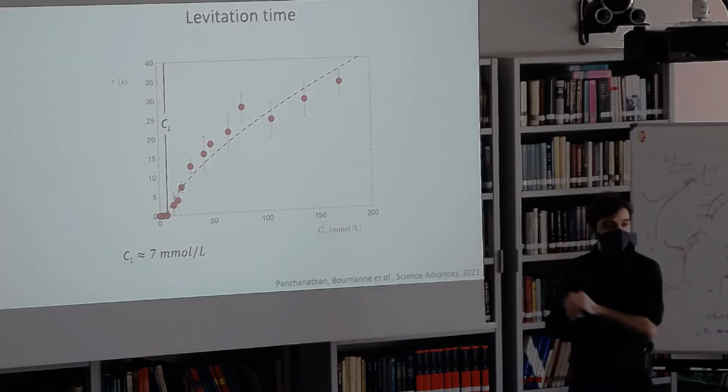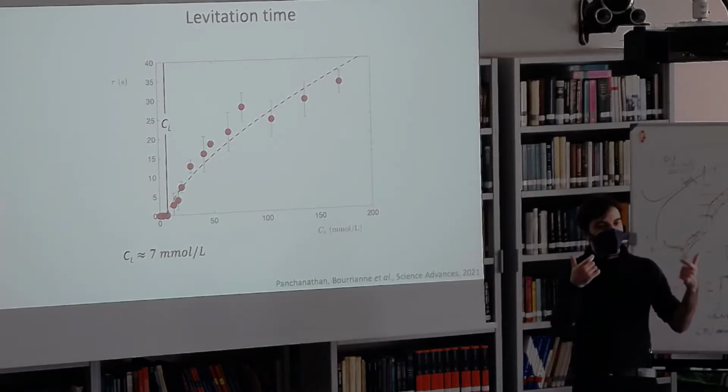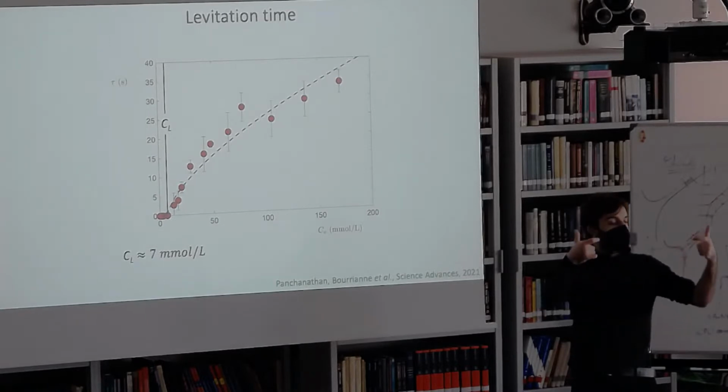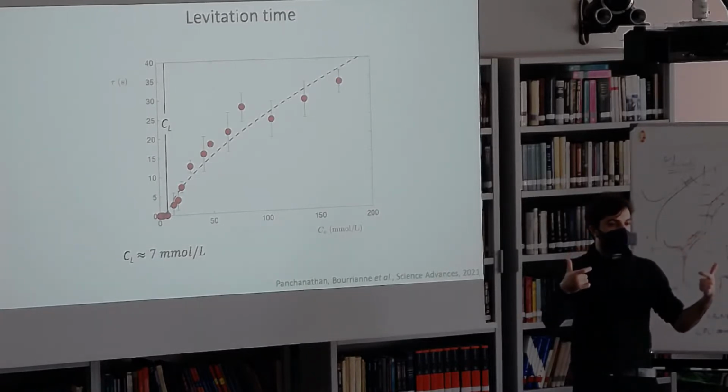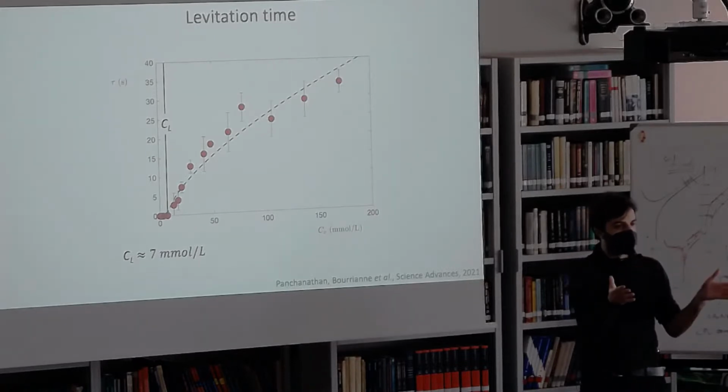And so what we did in that model was to balance the amount of CO2 you can generate and find the time at which the layer above the drop will be equivalent, in terms of Henry's law, to the concentration within the drop. At that time there is no more release of CO2, and so levitation is stopped.